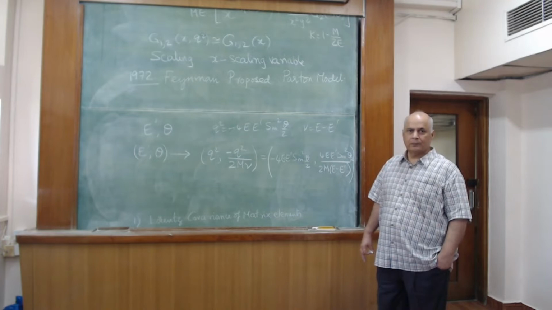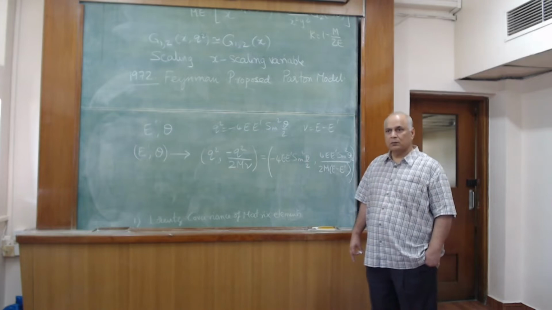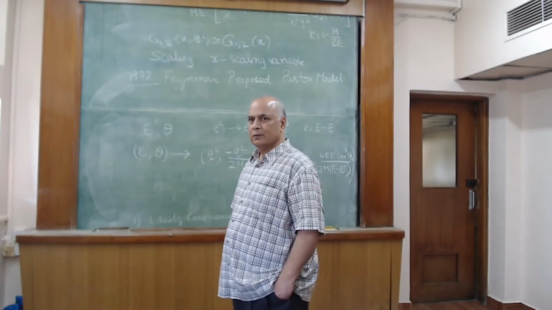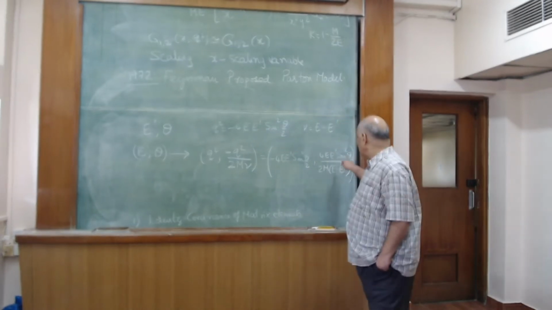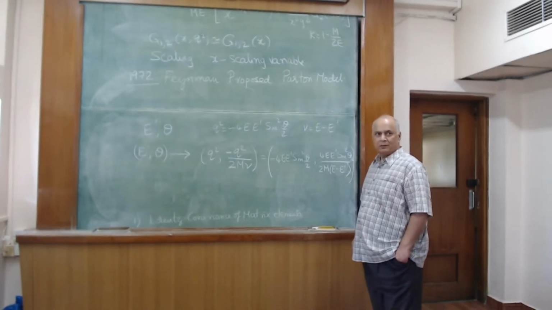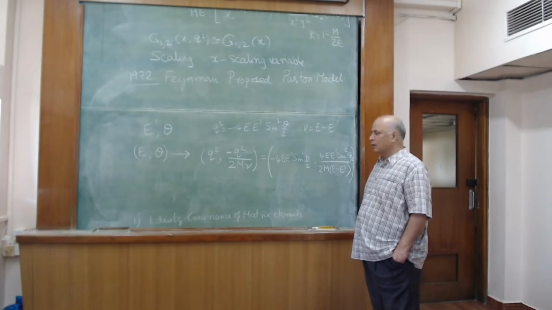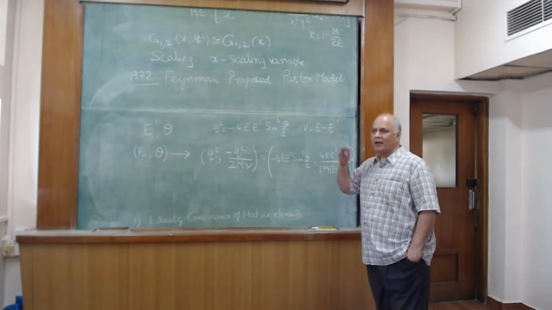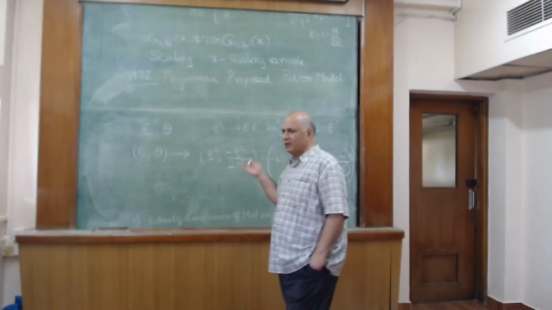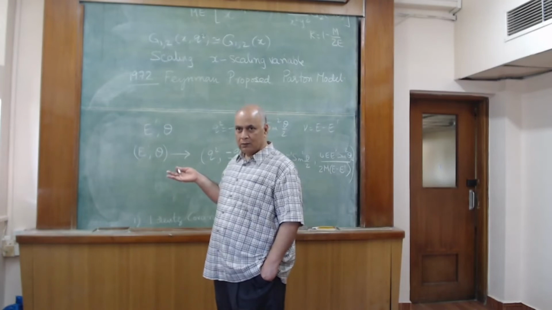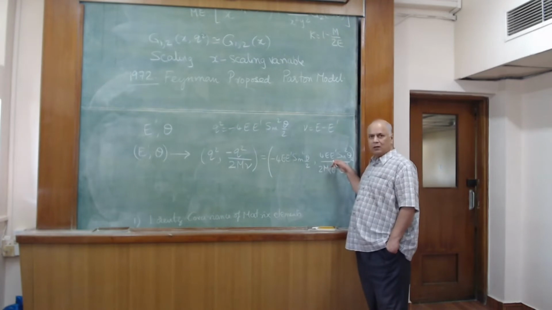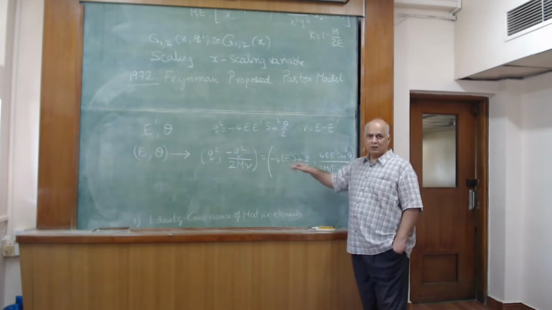So still they are dependent on both E prime and theta, yes, but only in this combination, not in this combination. I am defining two independent combinations of E prime and theta, and things depend on this combination but not on this.